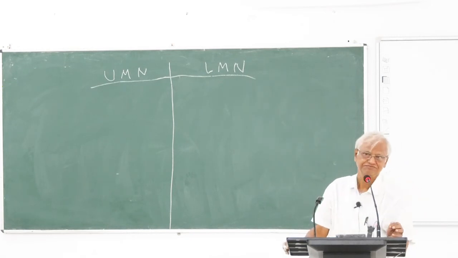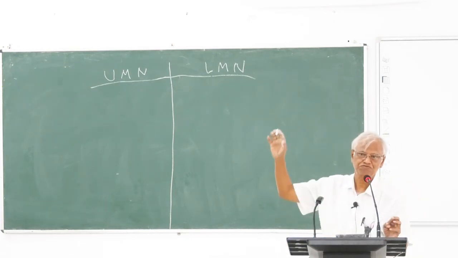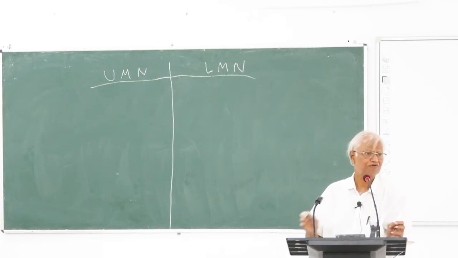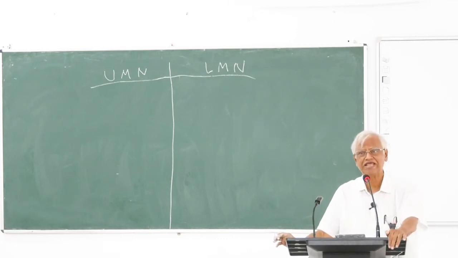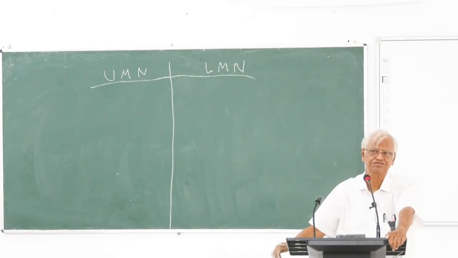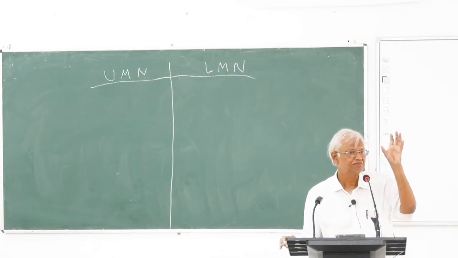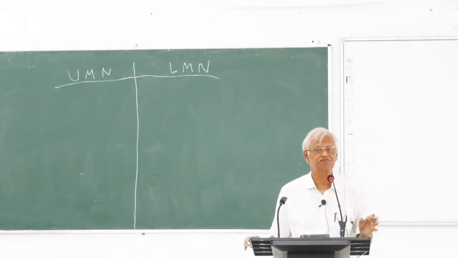Motor: corticospinal fibers, those coming from the cerebral cortex or from anywhere in the brain going downwards, are all motor fibers. When a bundle of fibers forms a tract, they are called motor tracts.